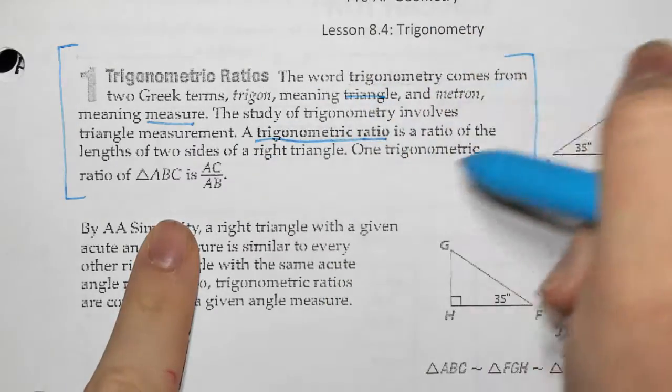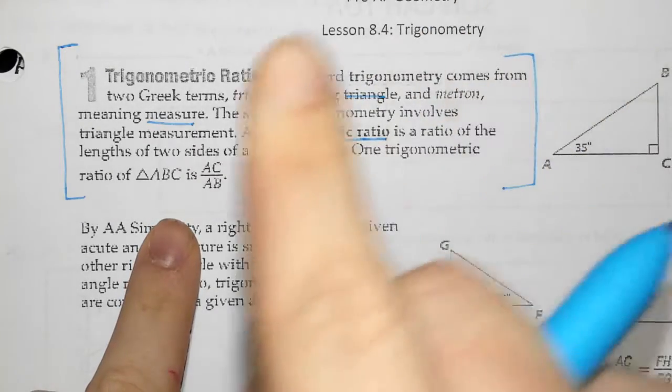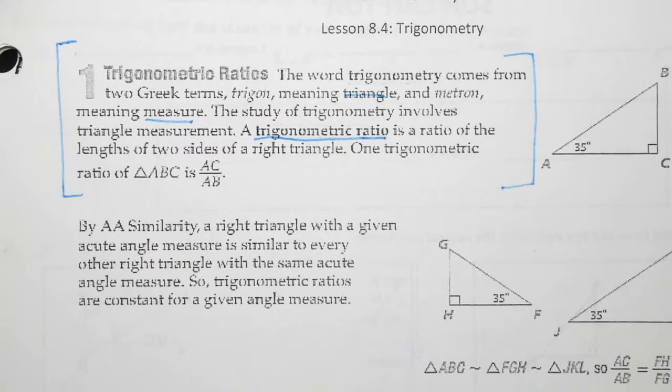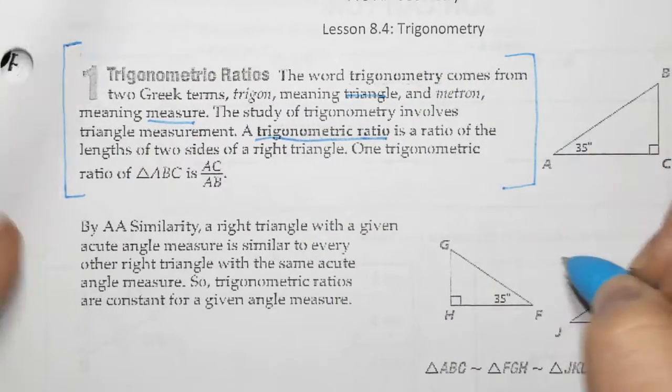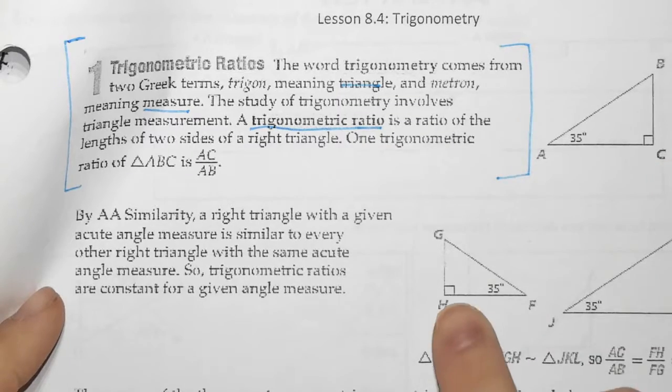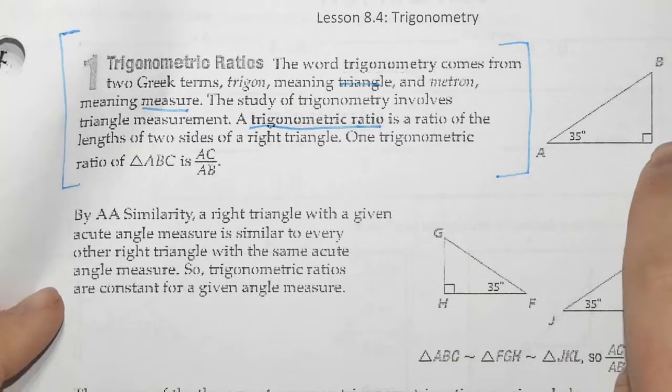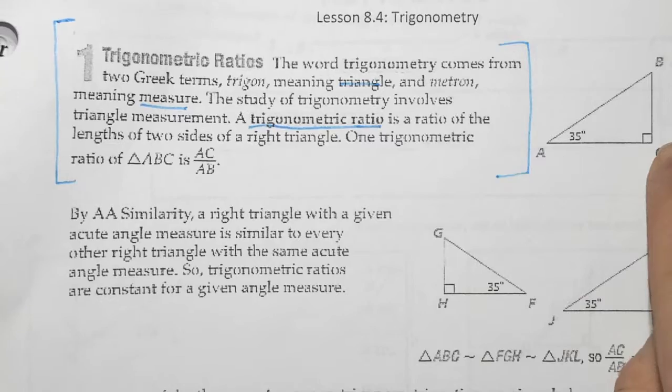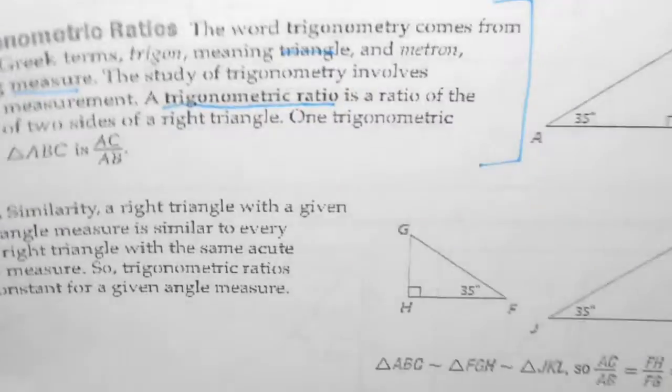We are using trig ratios to find these. The reason we're doing this in chapter 8 after chapter 7, because we did ratios in chapter 7, is because there's a bunch of ratios. Notice, all of these triangles are going to be what kind of triangles? Right. So this is right triangle trig.